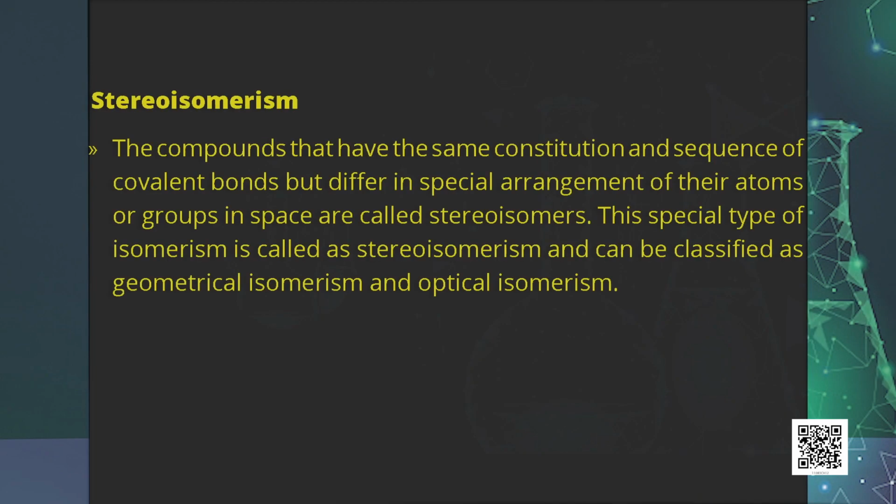What is stereoisomerism? The compounds that have same constitution and sequence of covalent bonds but differ in the arrangement of their atoms or groups in three-dimensional space are called stereoisomers. This type of isomerism is called stereoisomerism and can be classified as geometrical isomerism and optical isomerism.